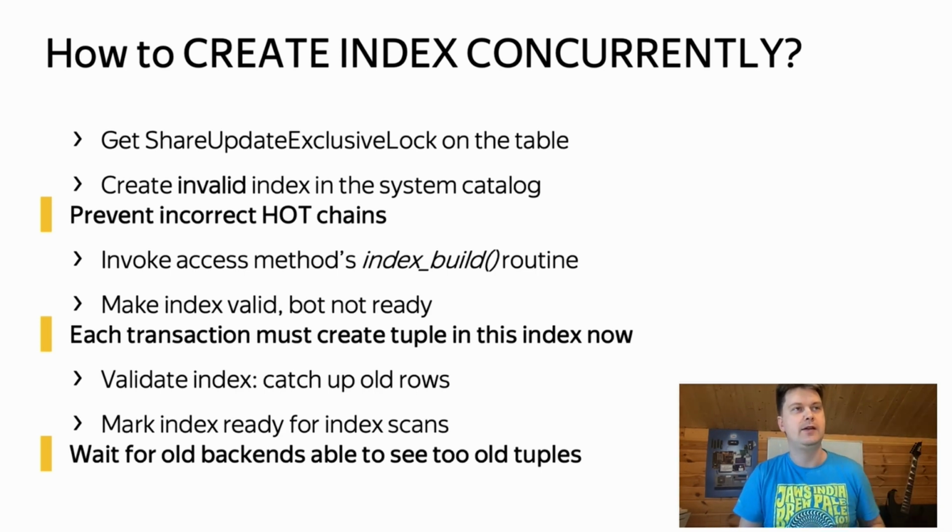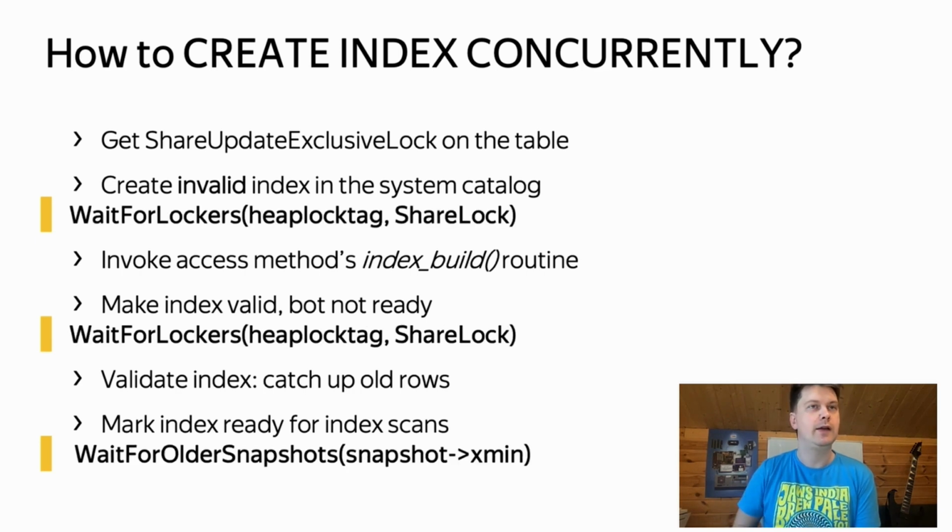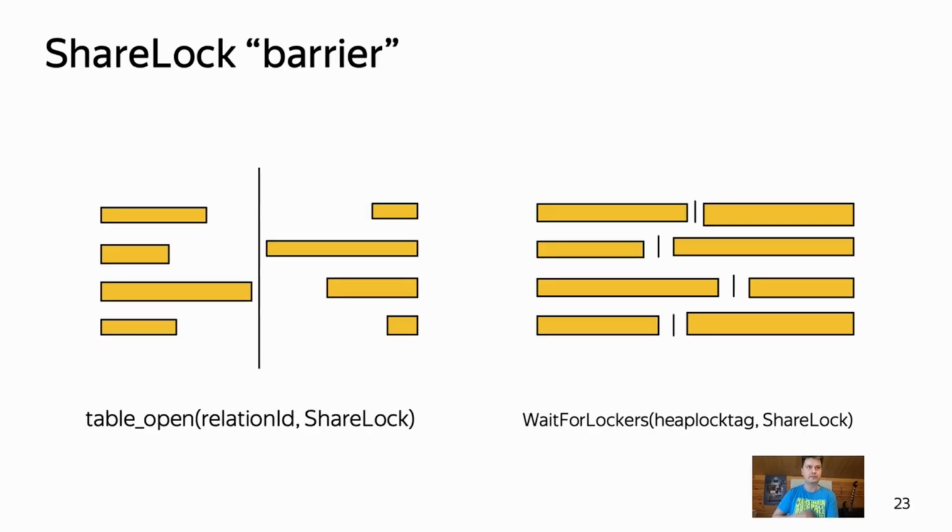We see here three different barriers marked with yellow, and there are two routines for implementing these barriers: waiting for lockers and waiting for all snapshots. Waiting for lockers is essentially the same as grabbing a share lock on a table, but it grabs the share lock for each backend independently.